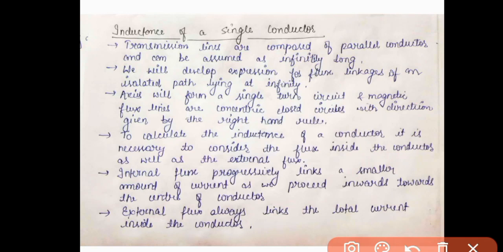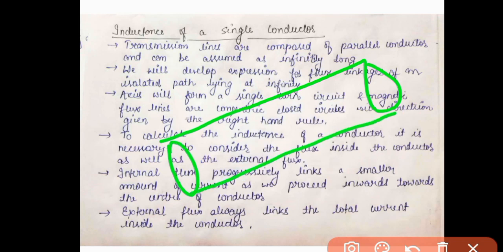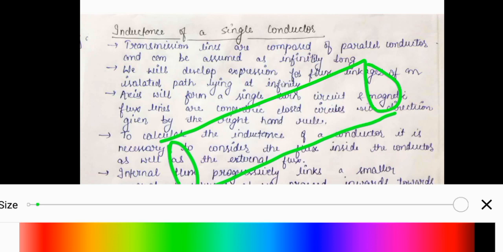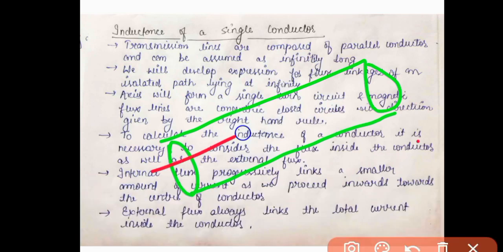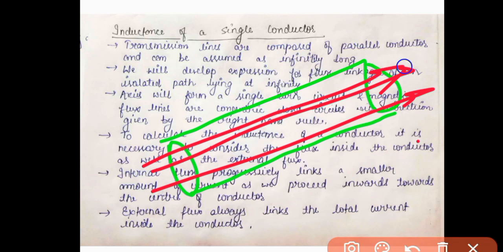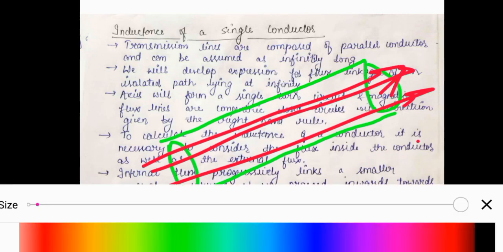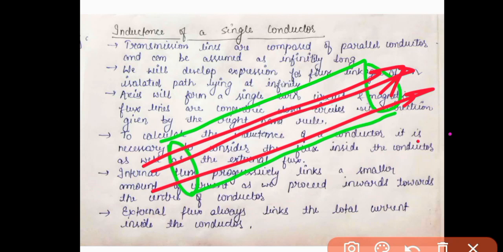Now to calculate the inductance of a conductor, it is necessary to consider the flux inside the conductor as well as the external flux. If there is a conductor and current is passing through it like this, the magnetic field is in this direction.